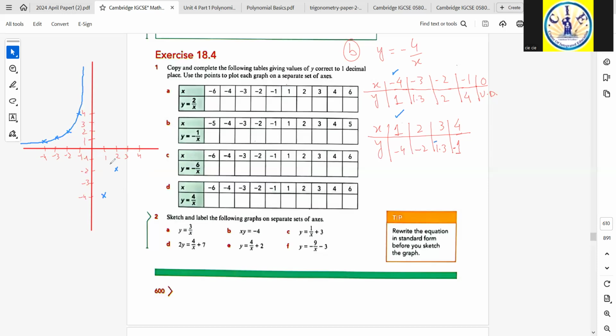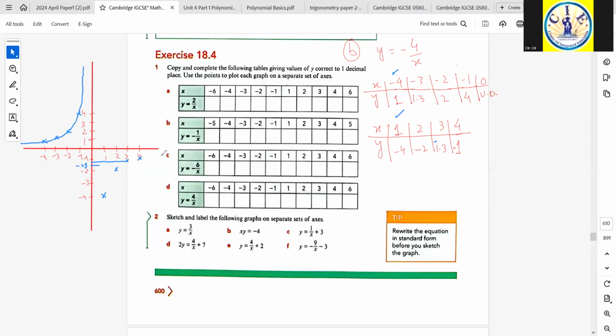This was the negative value. Here would it be? This is -1.5. So this is going to be like -1.3. And then 4 corresponds to -1.